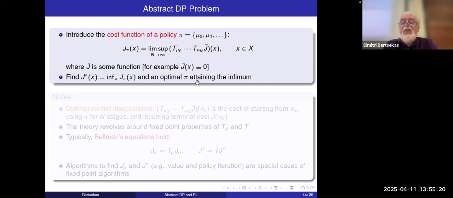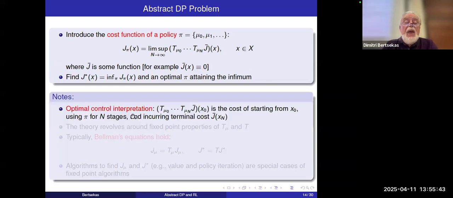Okay, how about time varying policies? Well, in dynamic programming, most infinite horizon problems have a stationary optimal policy. So it is not overly restrictive to look at stationary policies, even though the problem definition involves time varying policies. The optimal cost interpretation is what I mentioned earlier.